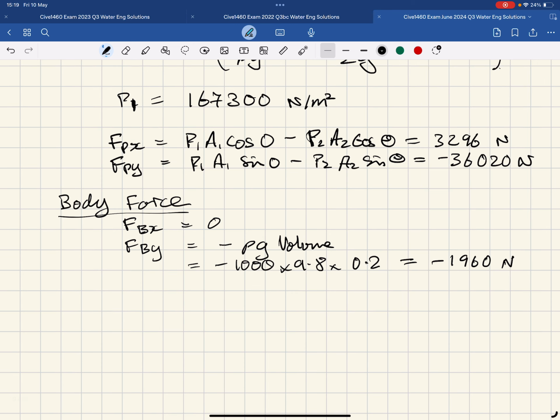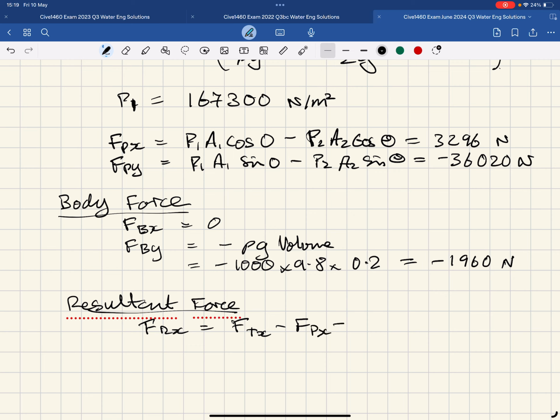Now we can work out the resultant force. Frx equals Ftx minus Fpx minus Fbx, and this all comes to minus 3308 newtons.